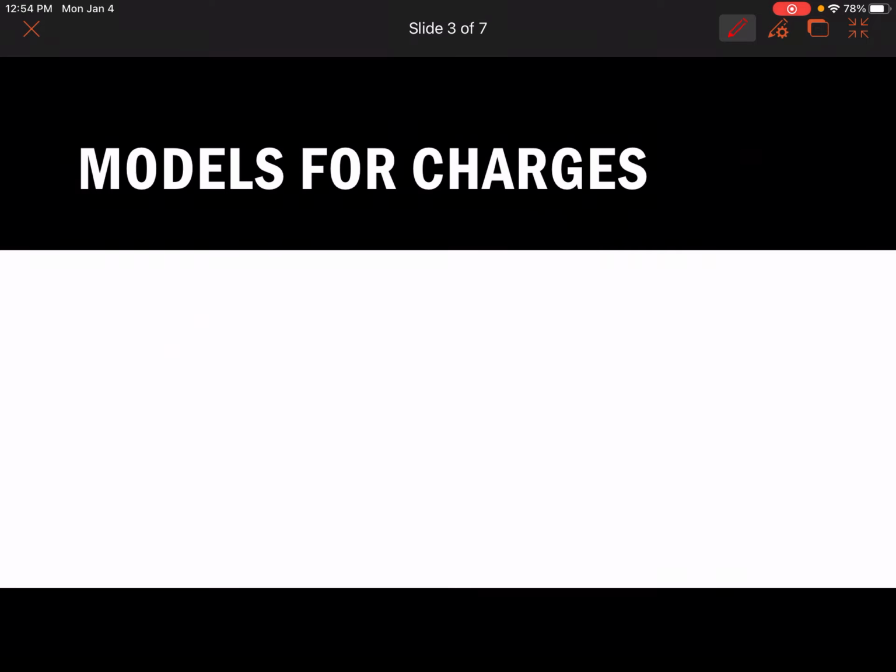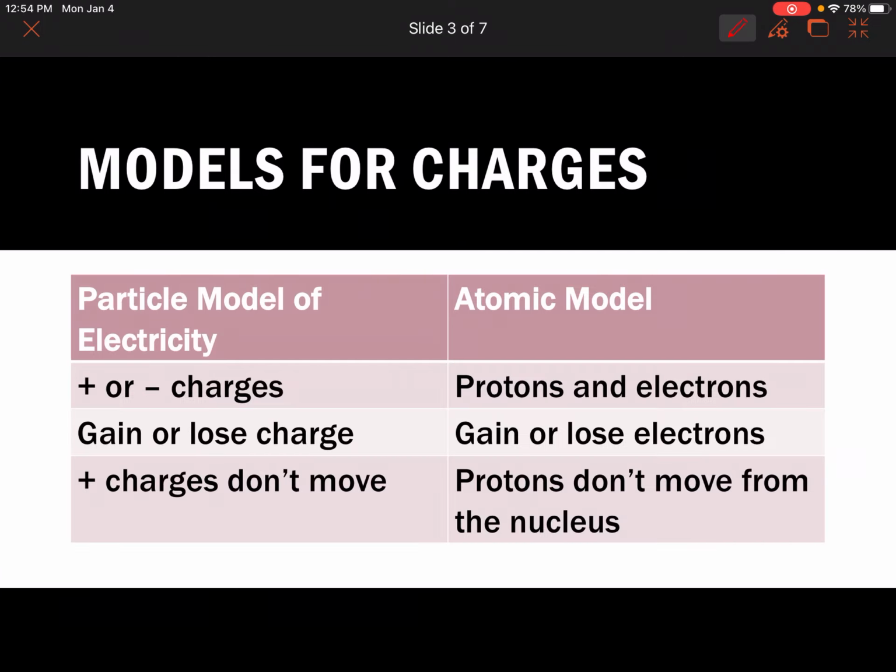Now we've got models for charges here. So we have the particle model of electricity and we've got the atomic model. So the atomic model is coming from our chemistry unit that we took at the start of the year here. In the particle model of electricity, we've got positive or negative charges, and in the atomic model we call them protons and electrons.